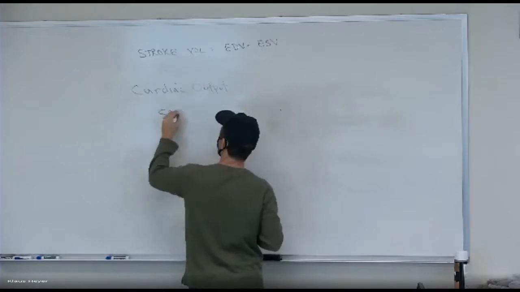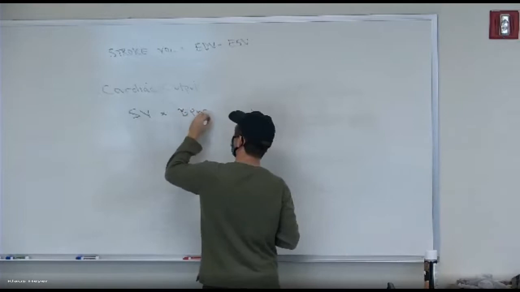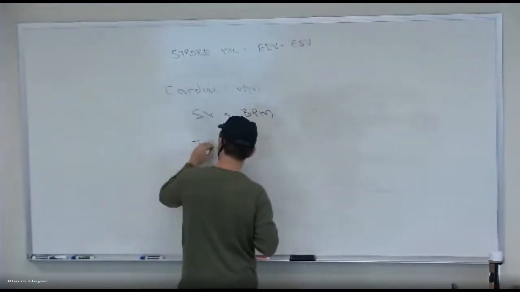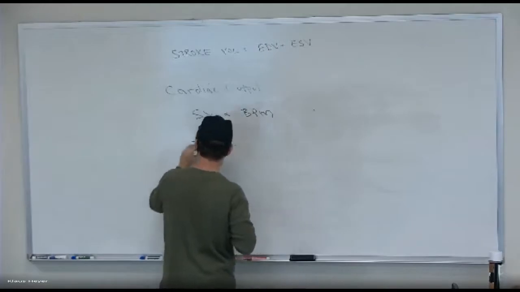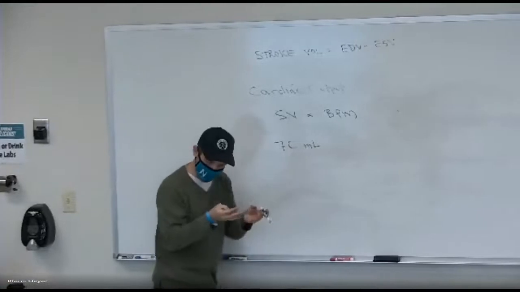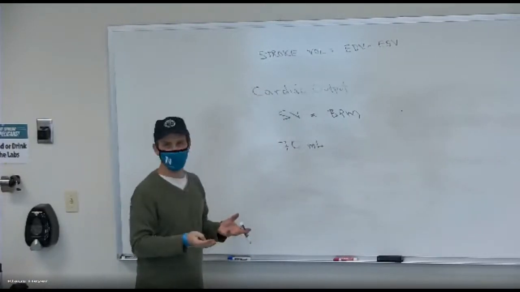So stroke volume times beats per minute. So stroke volume, I'm going to say 70. That's probably more accurate. So I need an even number. 70 milliliters. Every time the heart is contracting, it's pushing out 70 milliliters. Just for an example.